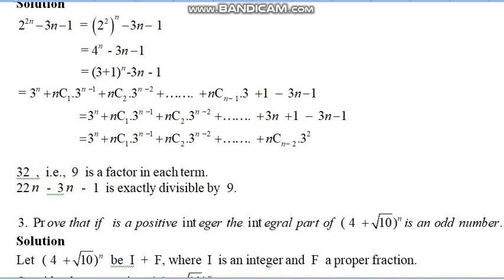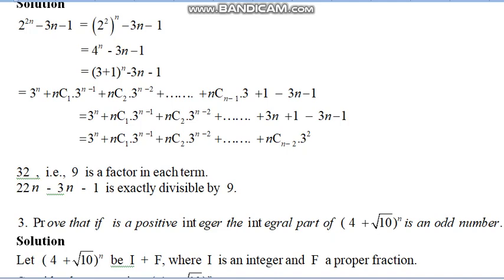Add those terms. On simplifying, we get a series like this, where 3 square, that is 9, is a factor in each term. So 2 power 2n minus 3n minus 1 is exactly divisible by 9.